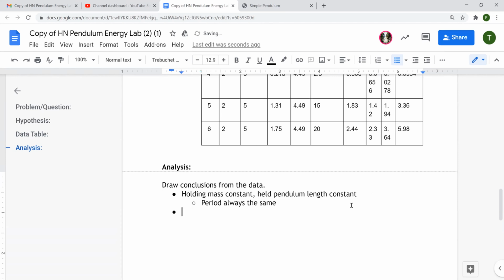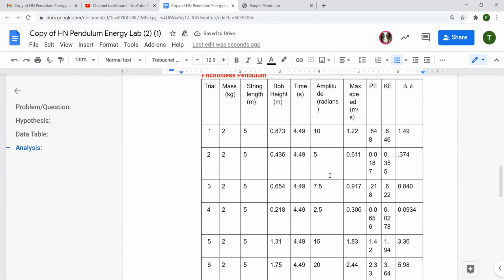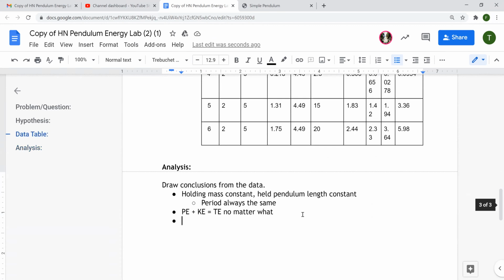Okay. What else do we notice? We noticed that potential energy plus kinetic energy always equals total energy, no matter what. The amplitude seemed pretty sporadic.